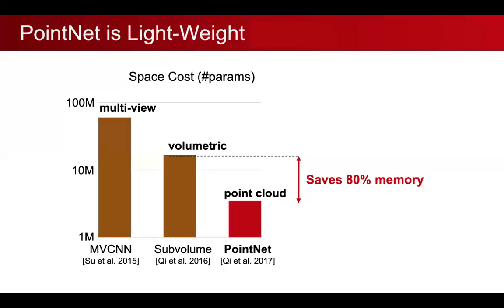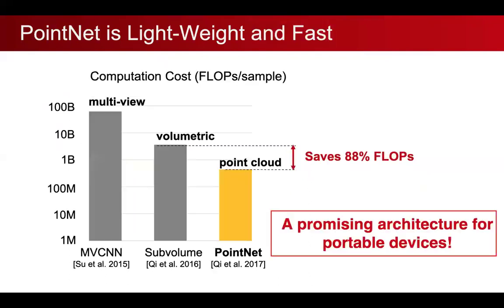It has a rate of like 80% of memory saving compared to volumetric, and much more for multi-view. And also it's very fast if you compare the PointNet with a volumetric or multi-view. We have savings of 88% in terms of floating point operations.